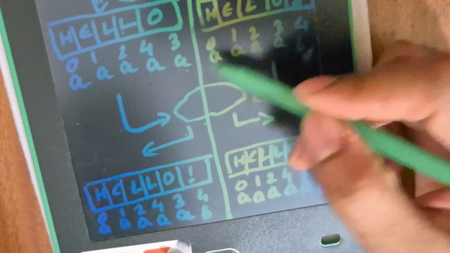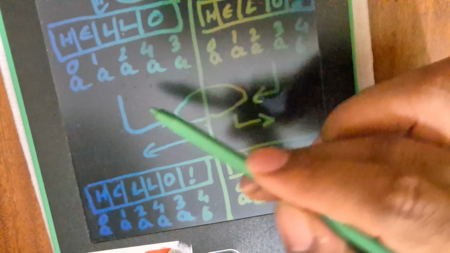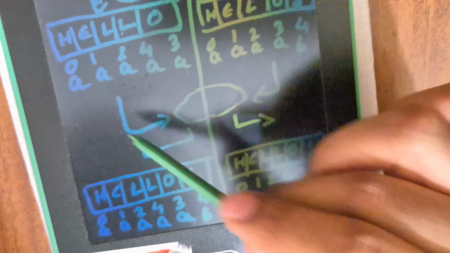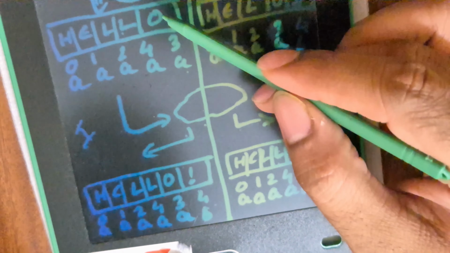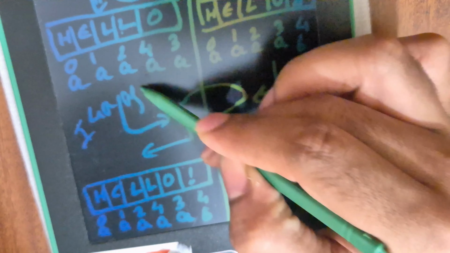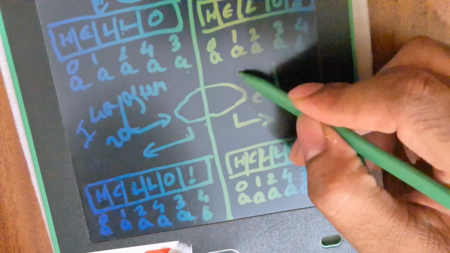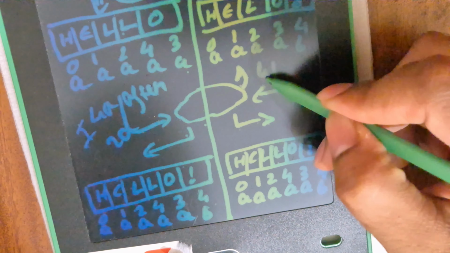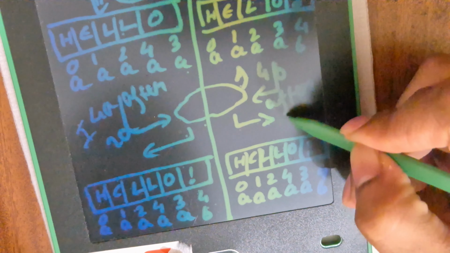So they are syncing with each other. Here we see insert 4A after 2A, and this one is saying insert 4B after 3A.